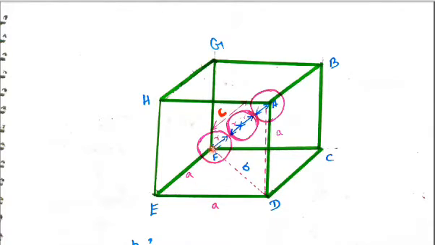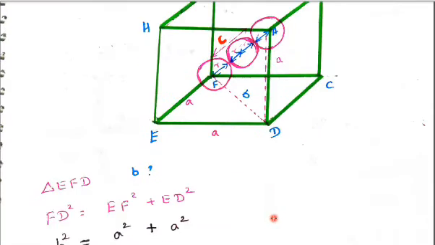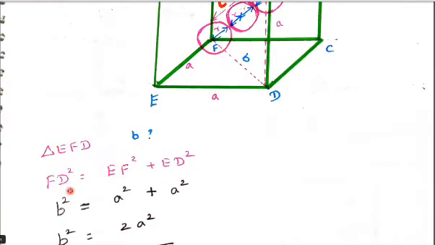A is called the edge length. First let us see the length of the B calculation and then the C calculation. In order to calculate the B value, we will take the EFD triangle. In this right angle triangle, FD square equal to EF square plus ED square.